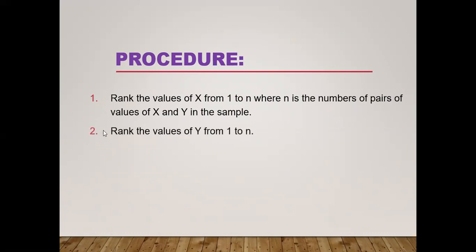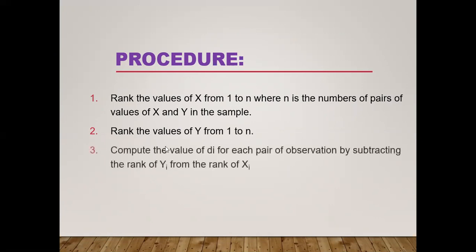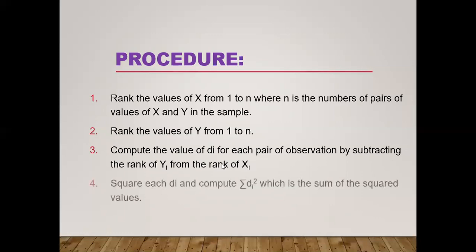The next step is to rank the values of y, similarly from 1 to n, and compute the values of di, the difference for each pair of observations, by subtracting the rank of yi from the rank of xi, meaning xi minus yi. So there's a difference, right? Step 4 is to square each di.